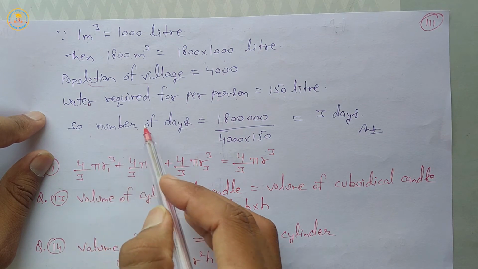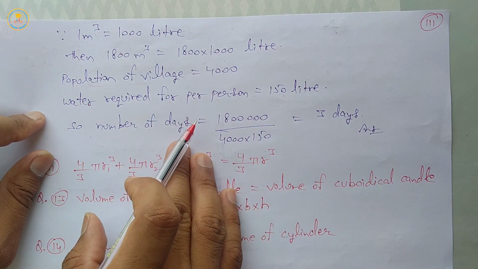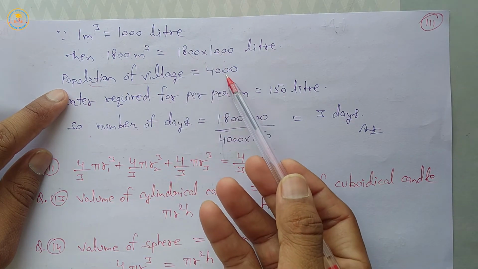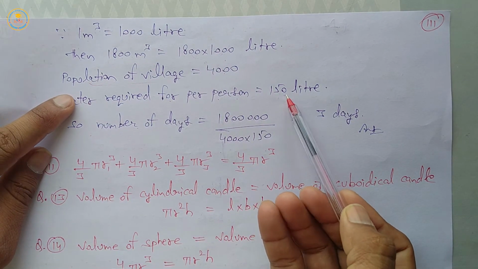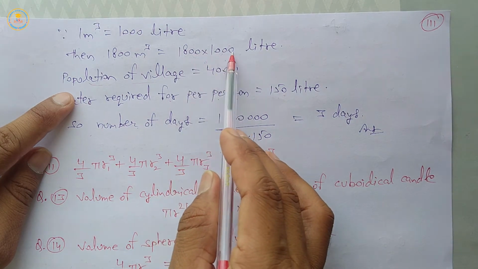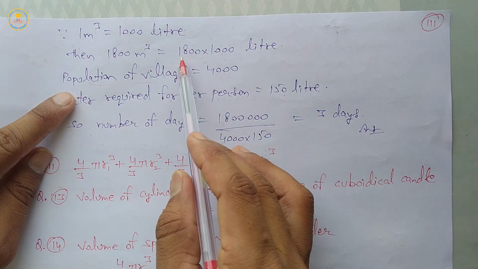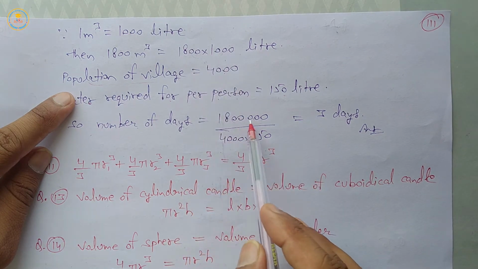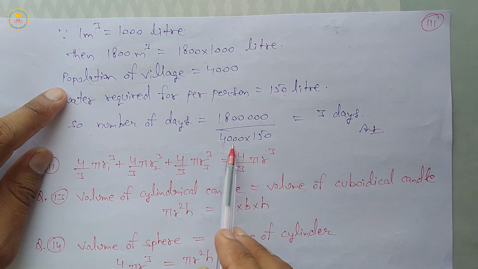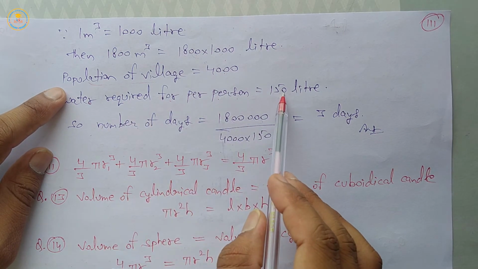Therefore, number of days water required is this divided by 4000 into 150, because this is the total volume. So 1800 multiply 1000, and 4000 is population, water required per person 150.